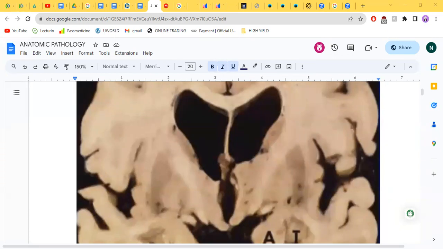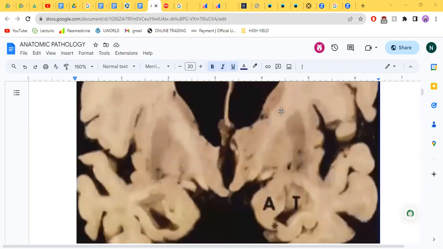Yeah, mostly widened ventricles, necrosis. Necrosis, maybe where? Let me see the necrosis. Maybe someone can talk about the temporal lobe, especially where we usually have the hippocampus. Exactly. There is some hippocampal atrophy.